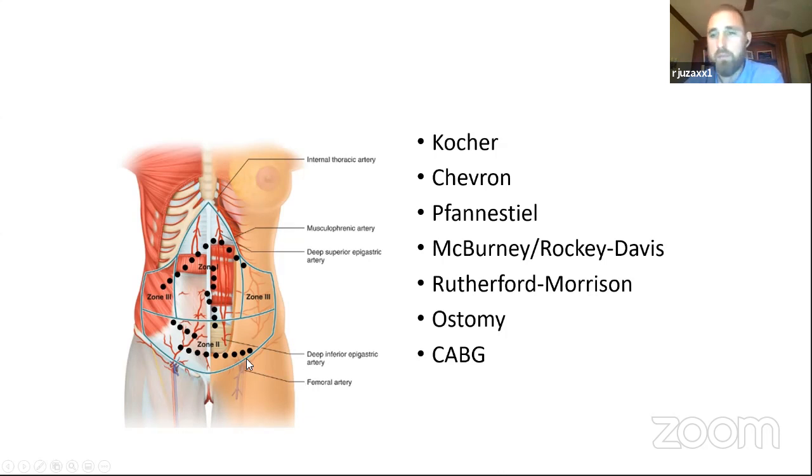Ostomy is obviously brought through the mid portion of the rectus abdominis muscle, and that can injure or ligate the epigastric vessel in doing so. You're working around that decreased perfusion in the area. And finally, I threw a CABG on here. Somebody who's had their internal mammary harvested for cardiac bypass has had their deep superior system ligated, because that's obviously where the deep superior epigastric vessel is perfusing off, and the musculophrenic.